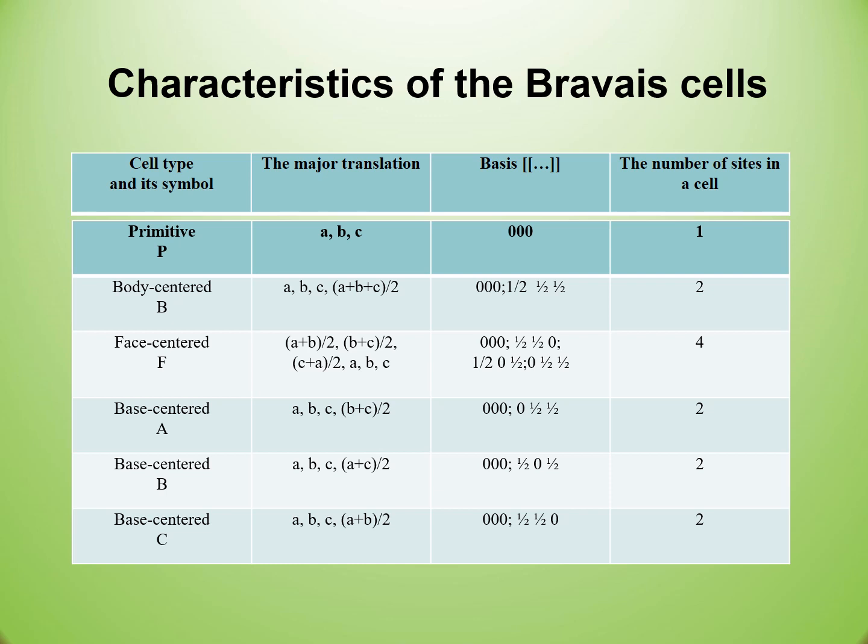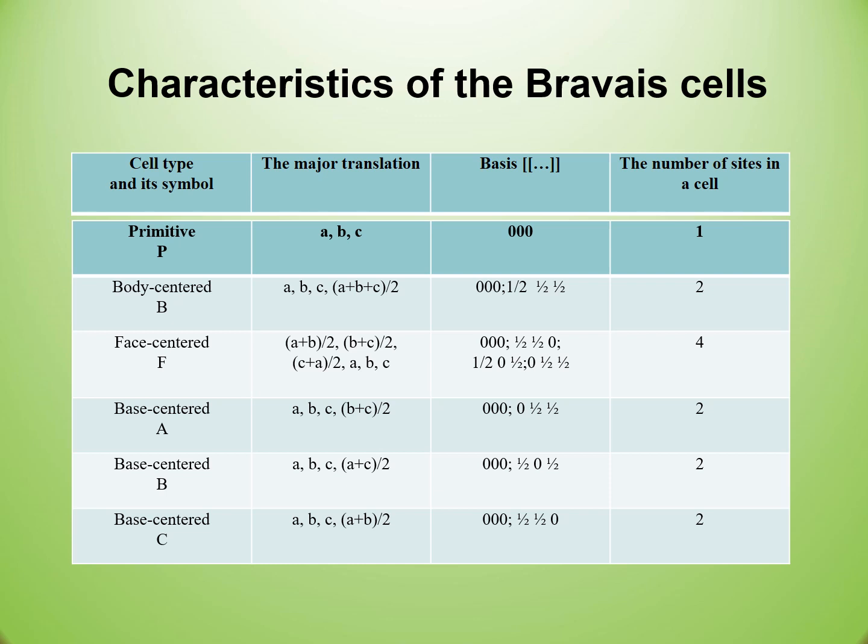First, whether it is possible to build from these translations a cell that meets the rules of Bravais cell selection. Number two, whether all the particles in the structure can be obtained using a set of translations. And of course, a system of coordinates of the sites belonging to a unit cell is called a basis cell. It is important to remember that definition.